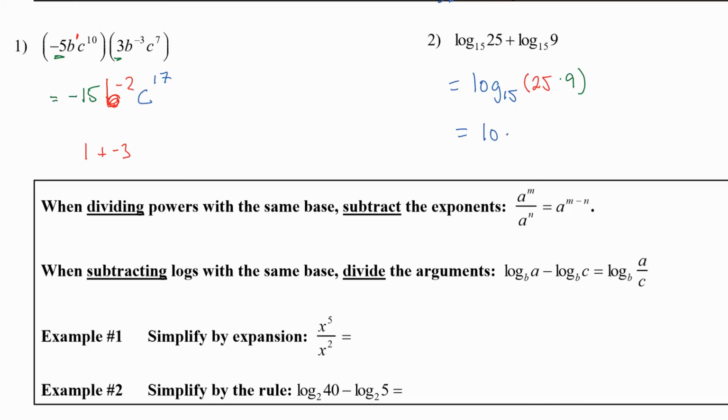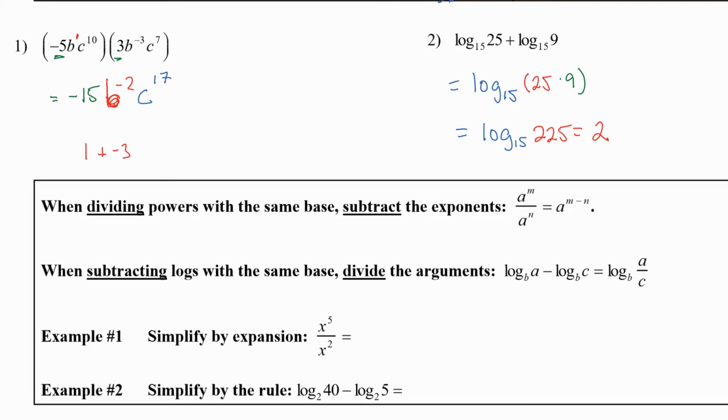So log base 15, and then we can multiply 25 times 9. And if you multiply 25 times 9, you get 225. You may not be able to do that in your head, but you can verify with a calculator. You can do 15 times 15, which is 225. So 15 squared equals 225, so that equals 2.